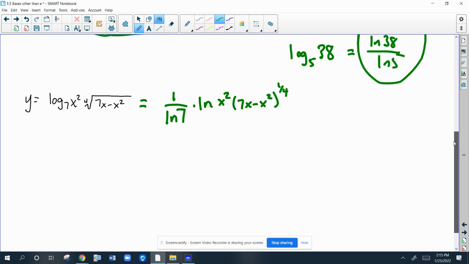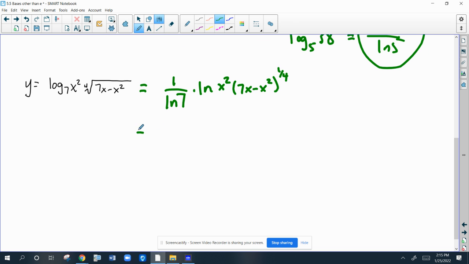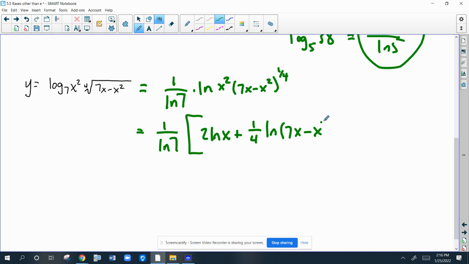Now, as usual with natural logs, if you do it smartly, you'll expand it first. So when you expand this, it would be 2 times the natural log of x plus 1/4 natural log of 7x minus x squared. If that wasn't clear to you, you just go back and review the properties of logs.